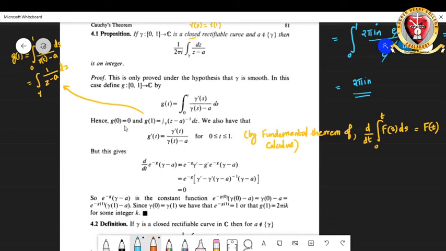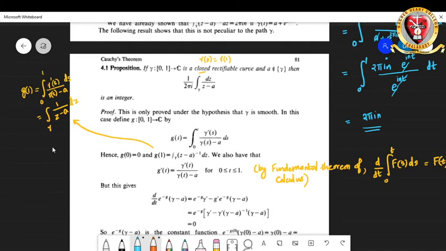Calculate g of 0: it is an integral from 0 to 0, so g of 0 will be 0. What will be g of 1? It is the integral from 0 to 1 of gamma dash of s divided by gamma of s minus a ds, which can be rewritten in line integral form as the integral over gamma of 1 divided by z minus a dz.